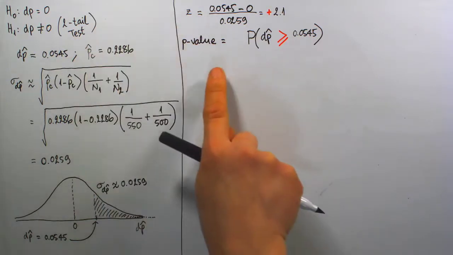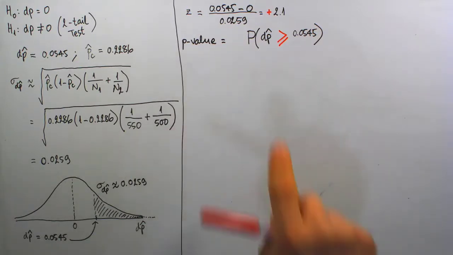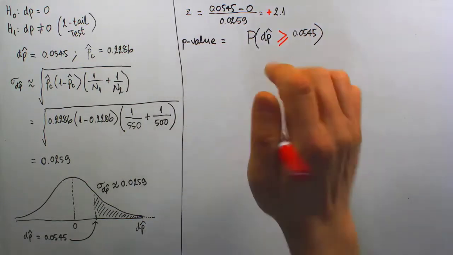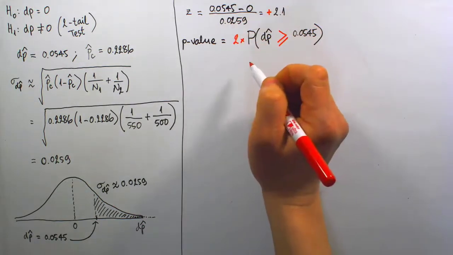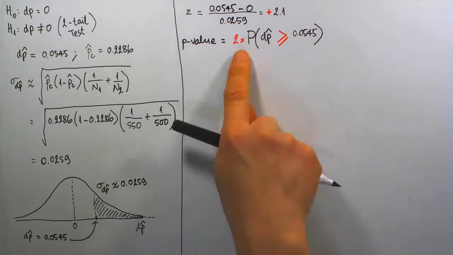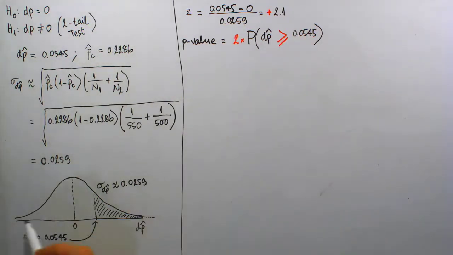So in order to calculate the precise two-tail p-value, this probability must be doubled, or multiplied by 2. Multiplying that probability by 2 can be understood on this bell curve as imagining another area exactly symmetric from this area but pointing to the left hand side.